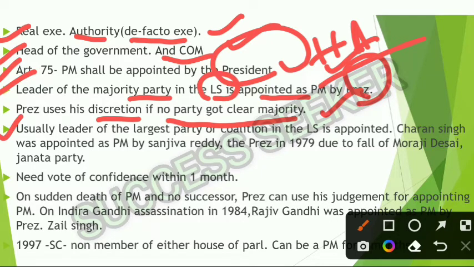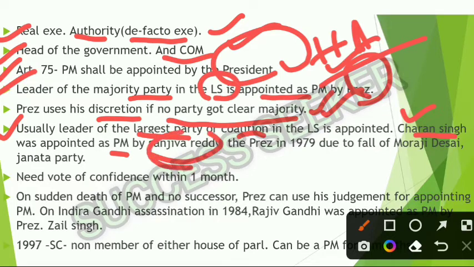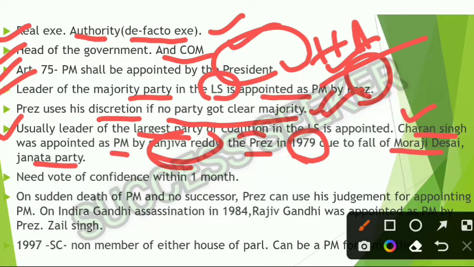Next, the Prime Minister is usually the leader of the largest party or coalition in the Lok Sabha when the majority party does not win. For example, Charan Singh was appointed as Prime Minister by President Sanjeeva Reddy in 1979 due to the fall of Morarji Desai's Janata Party government.